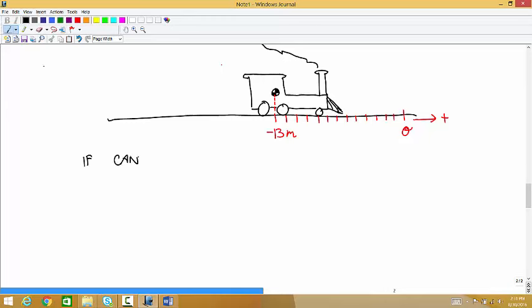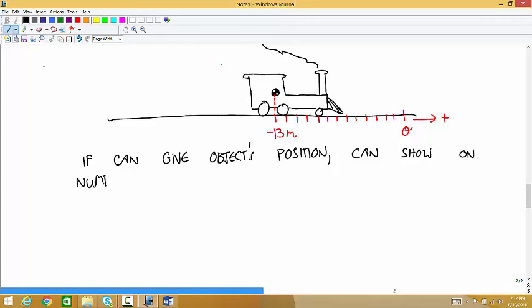And if you can give an object's position, you can show it on a number line. That's something that's going to be useful for us.